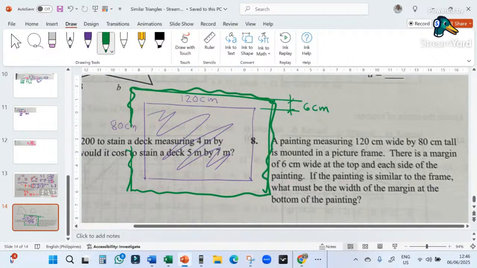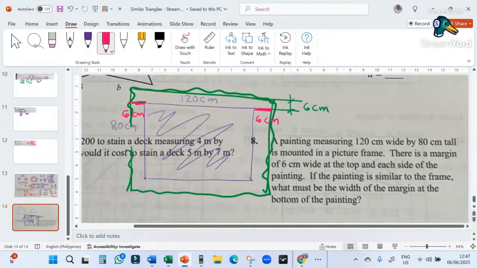There is a margin of 6 centimeters wide at the top and each side of the painting. So I'll make this one red. This side here and that side there, they are also 6 centimeters and 6 centimeters. Okay. If the painting is similar to the frame, what must be the width of the margin at the bottom?